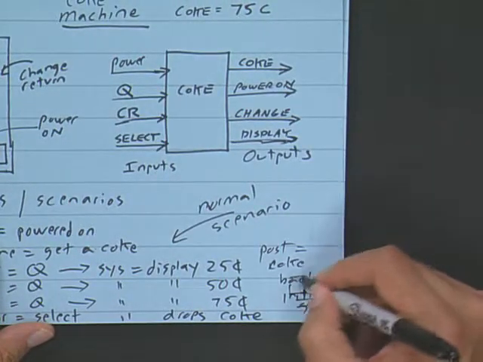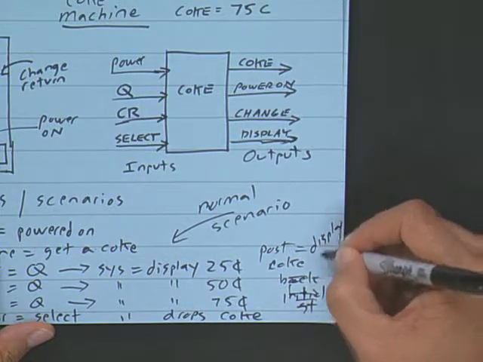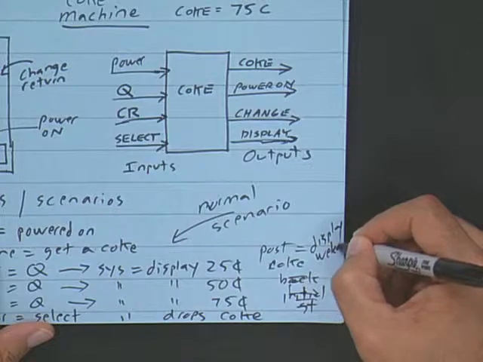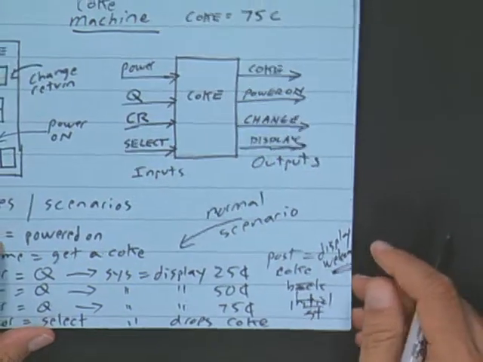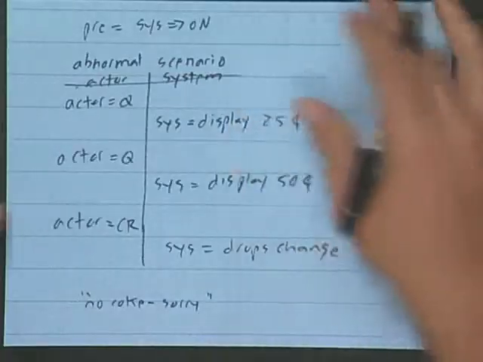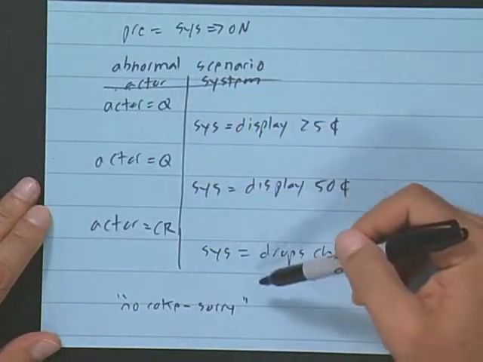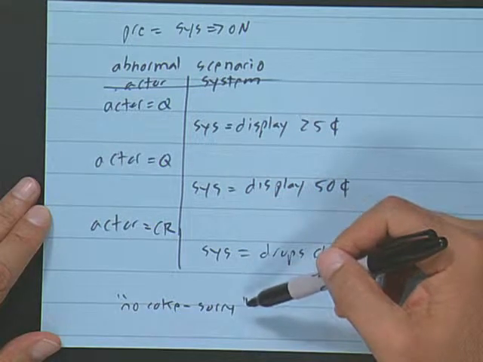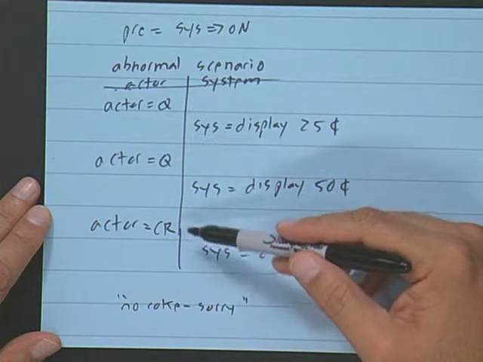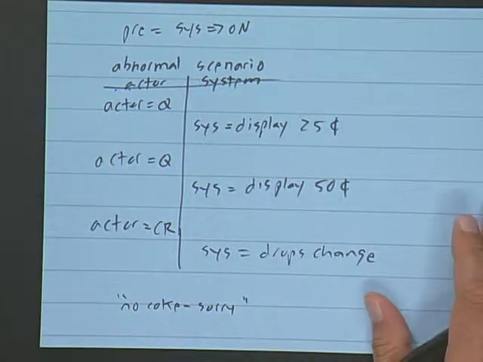We'll say the Coke machine is displaying welcome. Okay, back at the initial state, displaying welcome, and that could be the post condition. And here's an abnormal state where the actor gets partially through, decides he doesn't want that or can't afford the Coke, hits change return, and he gets his change back.